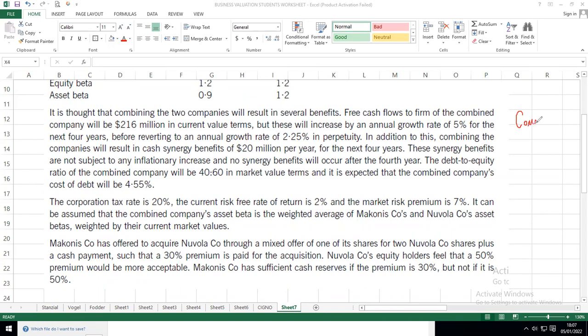Comment on the assumptions. One, growth in perpetuity. Number two, the 4 years growth. The use of M&M theory.